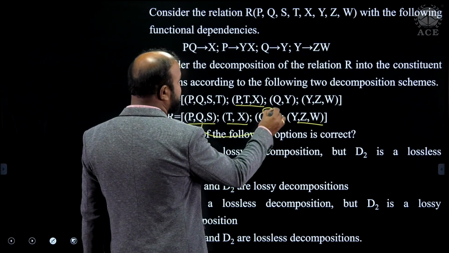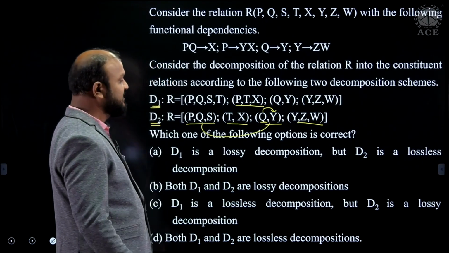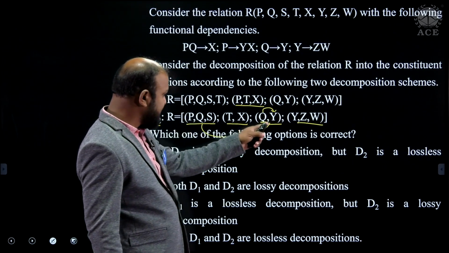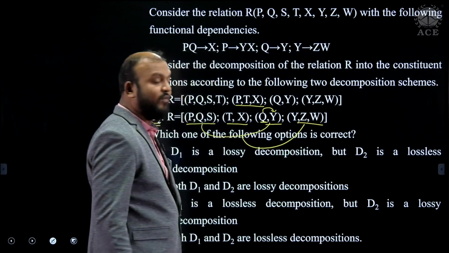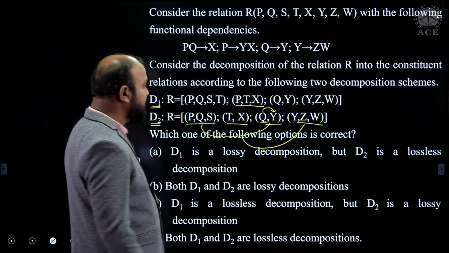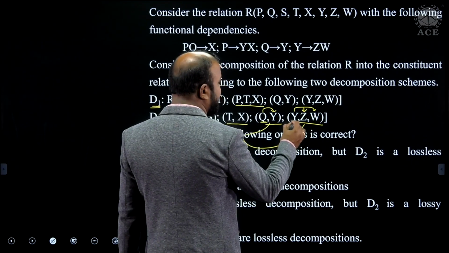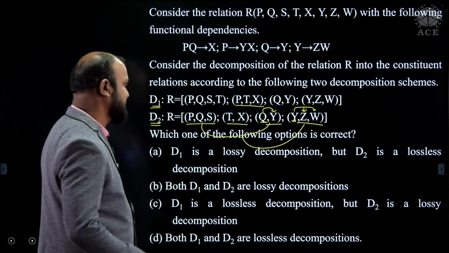Because Q to Y is a dependency, Q is a key that is determining that QY relation. This PQS with Y, now you join with YZW. Here, because Y to ZW is a dependency, Y is a key, it is determining that fourth relation. So, that is also lossless.